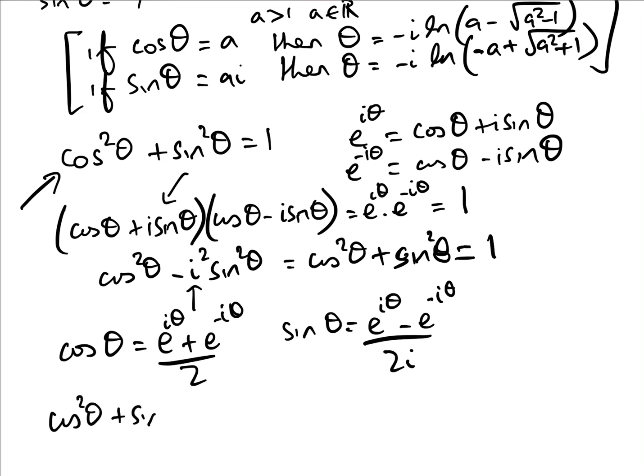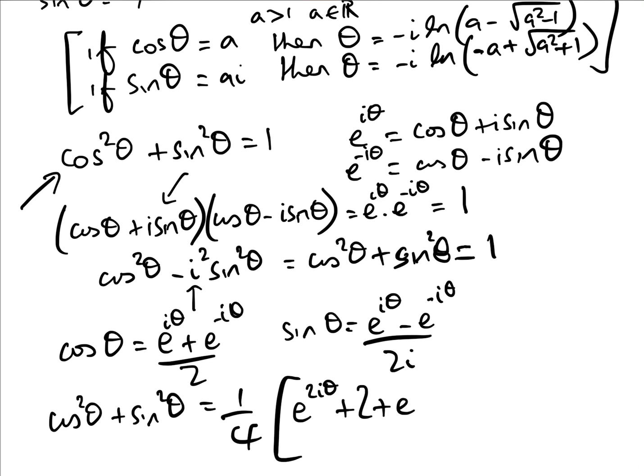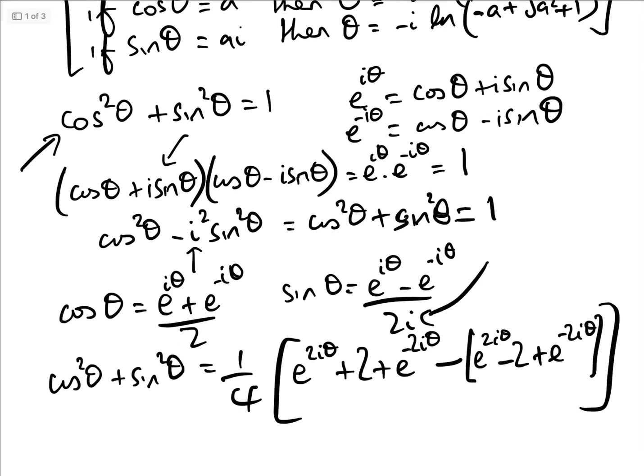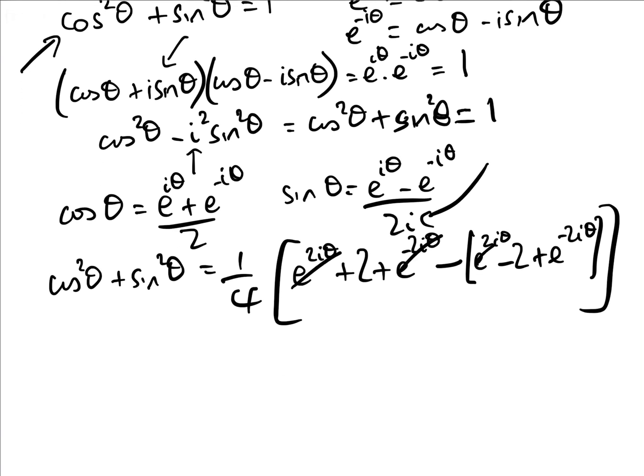Then we could say, okay, well, cos squared theta add sine squared theta, and we just expand all those, is going to be equal to a quarter (e to the 2i theta add 2 add e to the minus 2i theta) minus, because when we square sine theta, that i becomes minus, that becomes minus (e to the 2i theta minus 2 add e to the minus 2i theta), and basically everything cancels out, leaving us with 2 plus 2 is 4, which is 4 over 4, which equals 1.